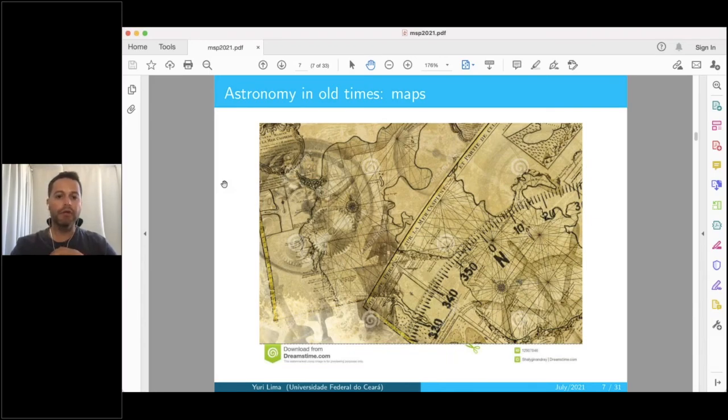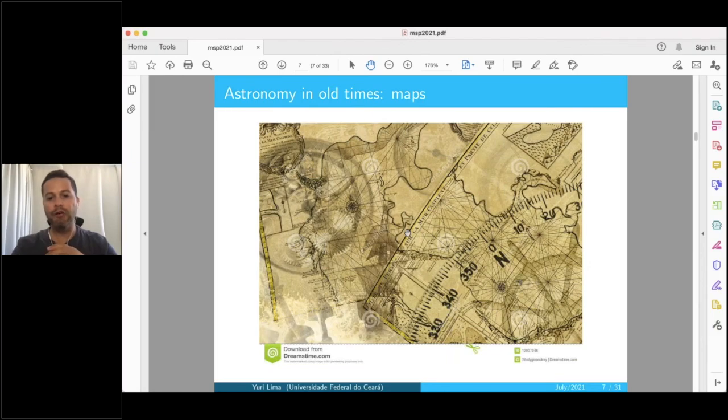And well, it was also observed that maps could be made with the aid of the positions of the stars in the sky, so that you could have more accurate maps. And here is an example which I believe I chose. It's related to the navigations that happened mostly in the 15th and 16th centuries.